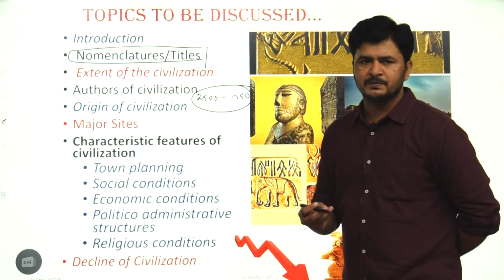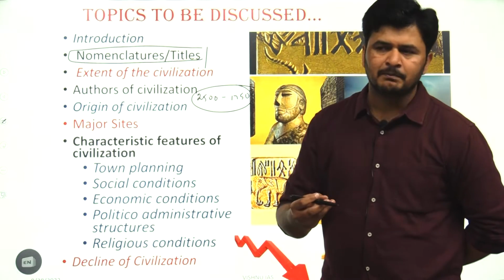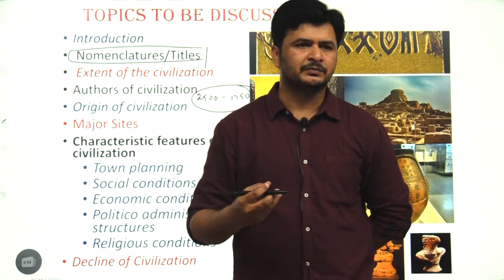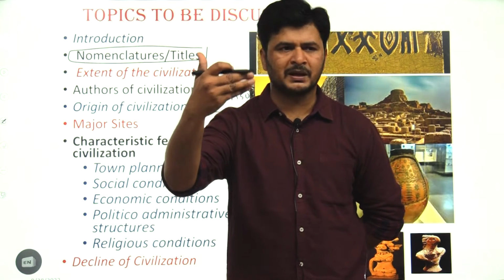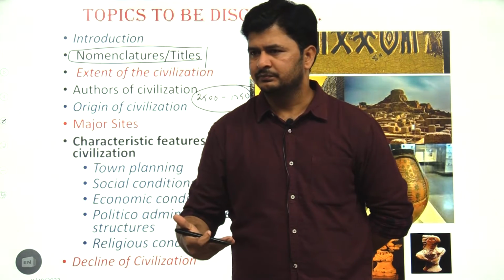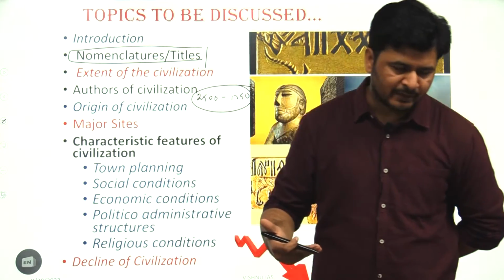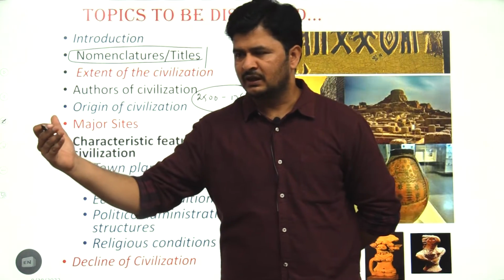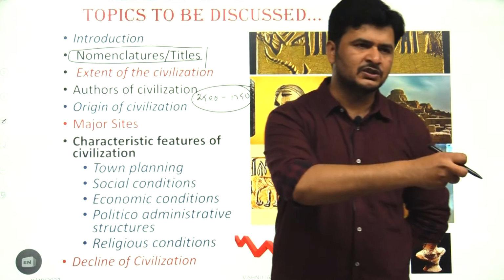When you go through previous question papers, at least one question you get on boundaries. Match the following: north boundary, Manda; south boundary, can anyone? Daimabad; east boundary, Alamgirpur; west boundary, Sutkagendor.